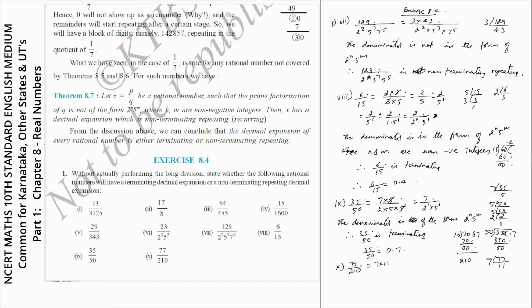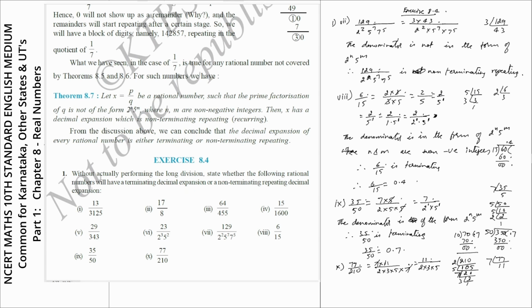So 210: 2 1s are 2, 2 5s are 10, then 5 2s are 10, 5 1s are 5, then 7 3s are 21, 3 1s are 3. So this is 2 into 3 into 5 into 7. So 7 and 7 I can cancel, and I'll be left with 11 by 2 into 3 into 5.